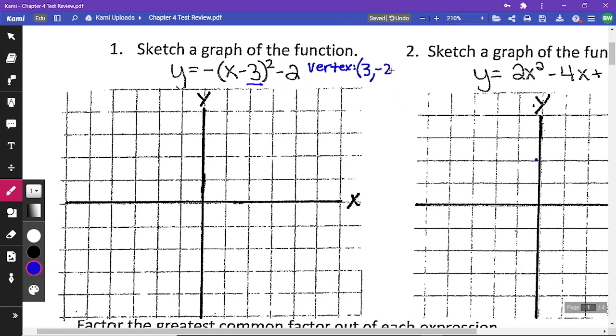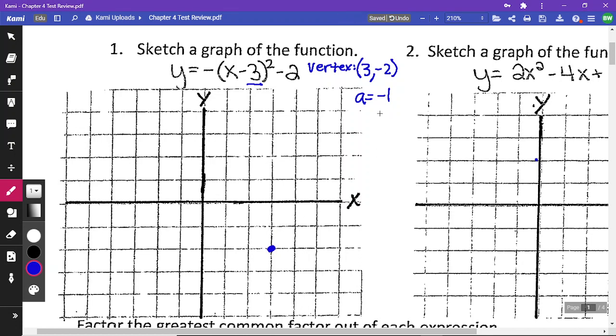And that's our vertex. We also have to know a, which is the number that's multiplied out front, which in this case is negative 1. Once we know that, we're ready to graph it. We plot the vertex, which is (3, negative 2), so that's right here.